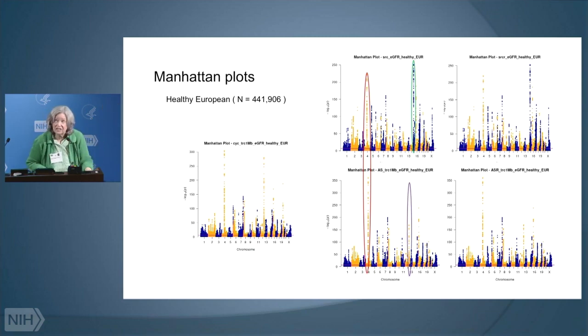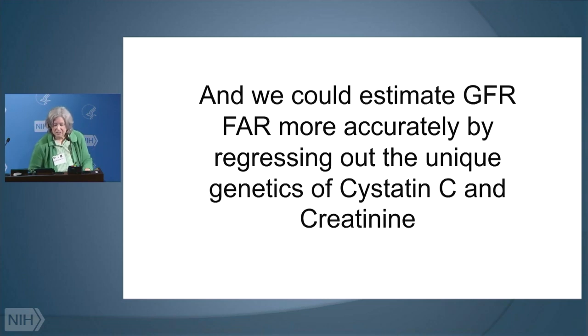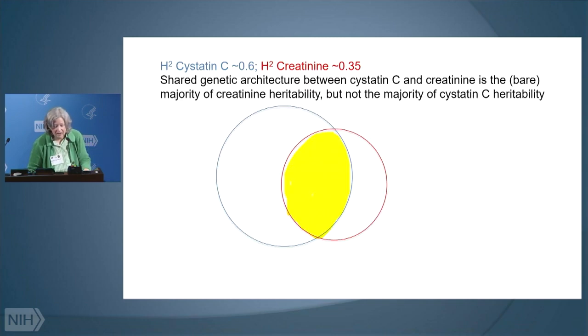And, of course, the cystatin C structural locus on chromosome 20 is a huge effect present in cystatin C that's not in creatinine. We could estimate GFR better by regressing out the genetic parts that are not about kidney function. We'd have a better measure of the truly dynamic part of what's happening when kidneys start to fail.